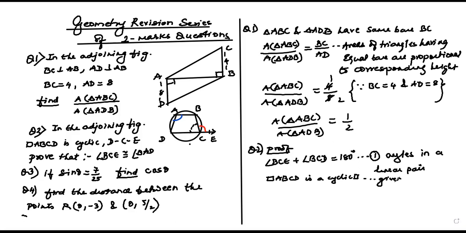Therefore angle BAD plus angle BCD is equal to 180 degrees. This is your statement number 2. The reason: opposite angles of a cyclic quadrilateral are supplementary.